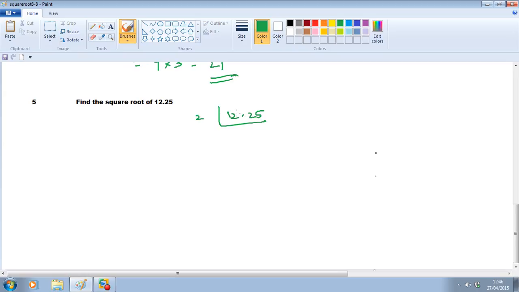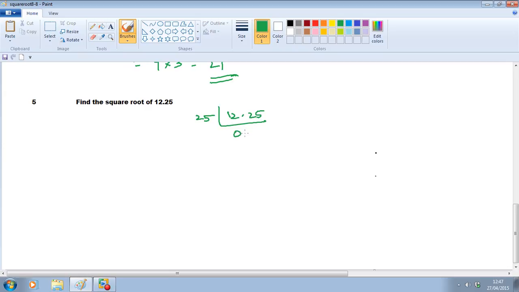Or you can say 12.25 times 100 is 1225. How many 25s are in 1225? 122 is divisible.